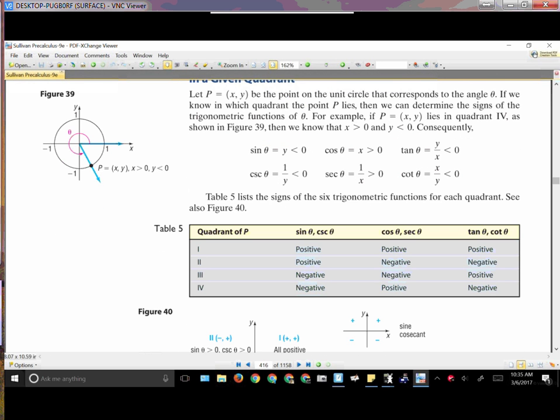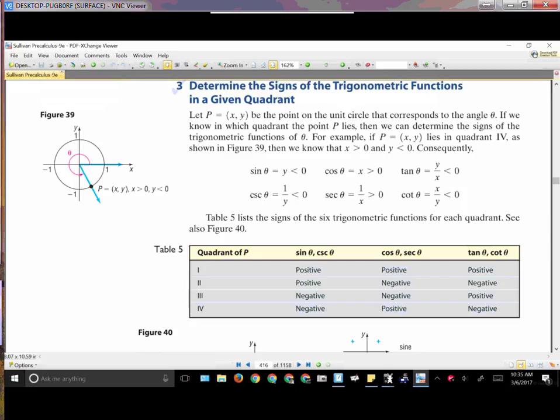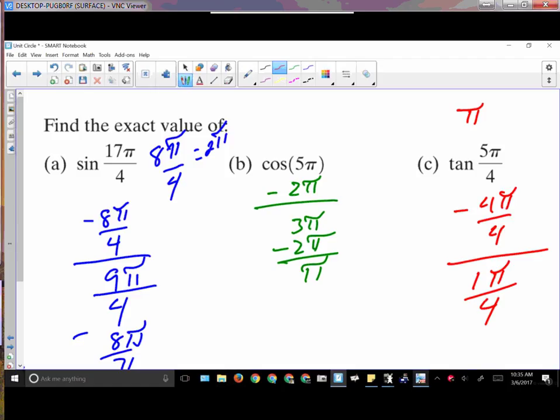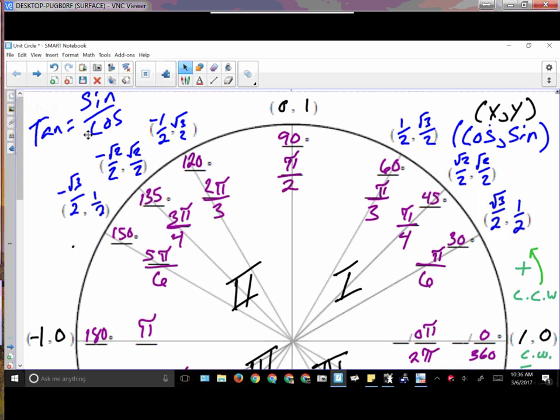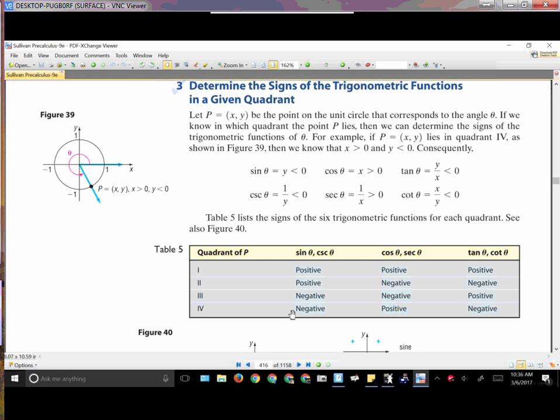Determine the signs. Now, here is one thing that you can go through and add on to this. So when you are here, sine, cosine, are they going to be positive or negative?